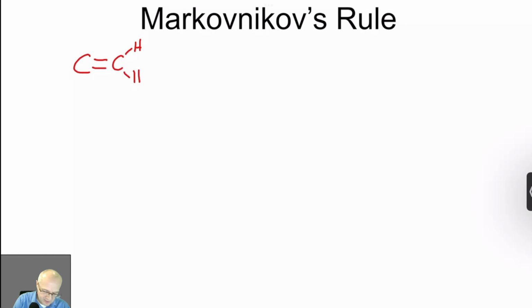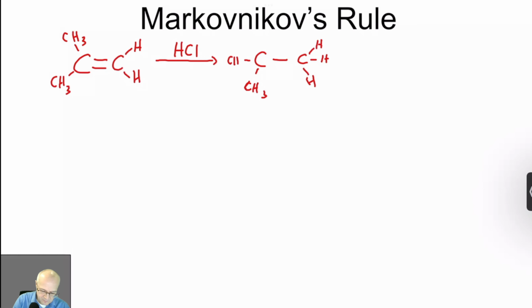So here we have our example of an unsymmetrical alkene. We're going to add HCl across that bond. And I'll tell you right now, the product is going to be this. And I'll just draw the corresponding potential product.